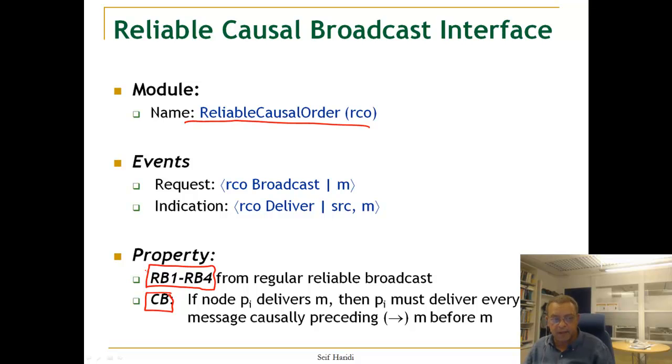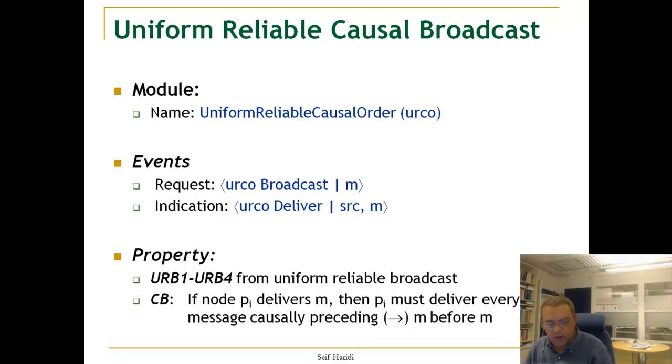And the validity gives us basically the liveness that we need. If we want to define a uniform reliable causal order broadcast, we just use the CB property and the uniform reliable broadcast properties.